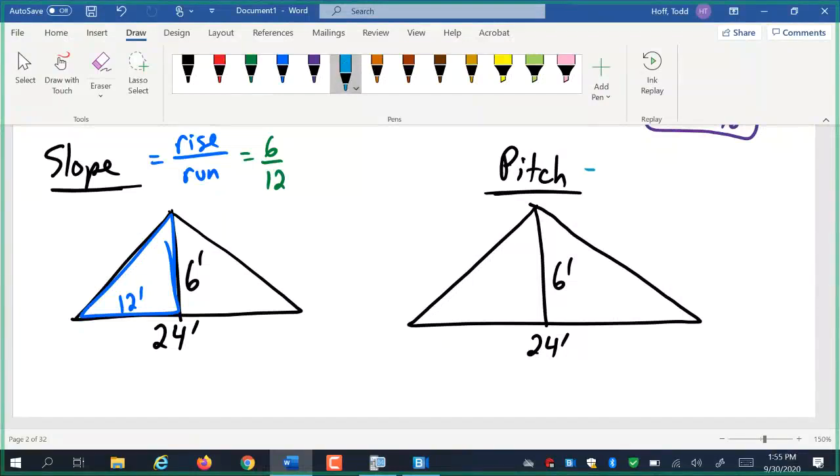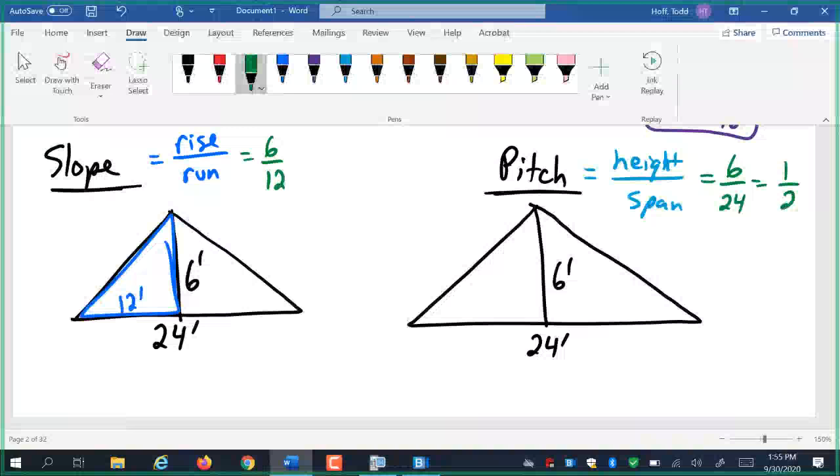Pitch is always height over span. So here the height is still 6, but the span is the full 24. That's 6 over 24, which reduces to a 1/4 pitch.